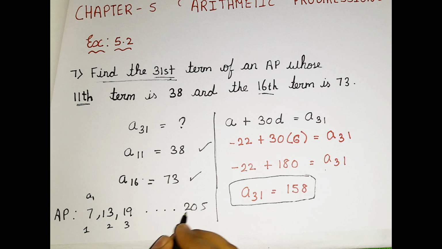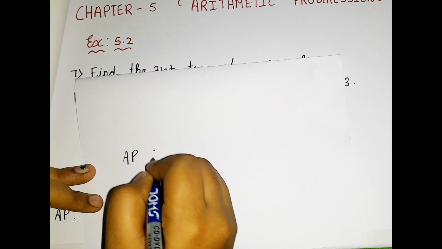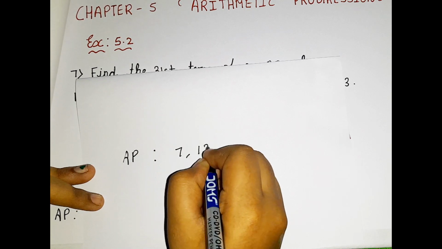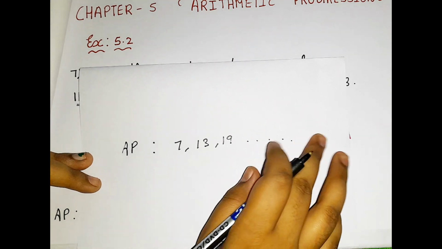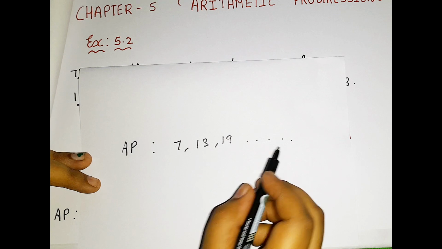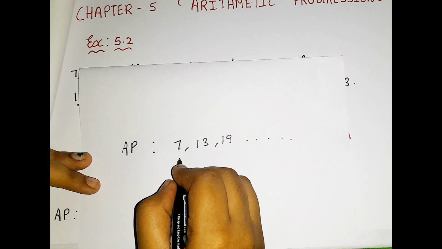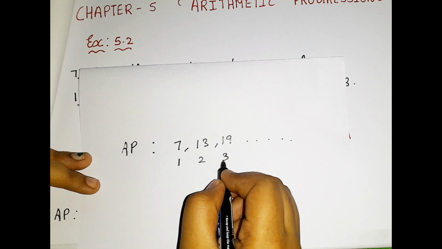Okay, so for example, if you have an AP is equal to 7, 13, 19 and so on. Okay, so now you don't have any number right over here. So in this AP, what is the 31st term? We know that the first term is 7, the second term is 13 and the third term is 19.